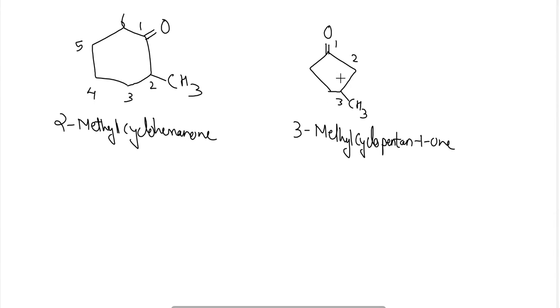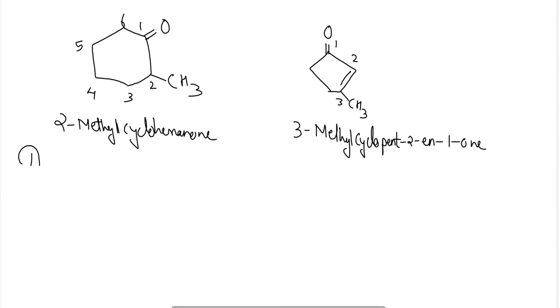Okay, sorry. If I am adding a double bond here, then the name of this compound will change. And here we have to give the position of the double bond also. So in that case, pent 2 en 1 one. This will be the name of this compound. Okay. So like this, we can name the aldehydes and ketones by using the IUPAC naming system.